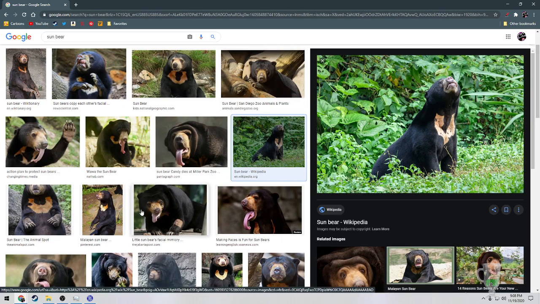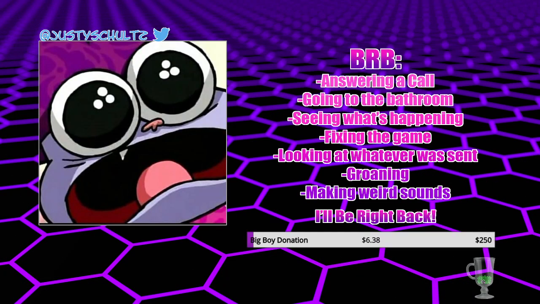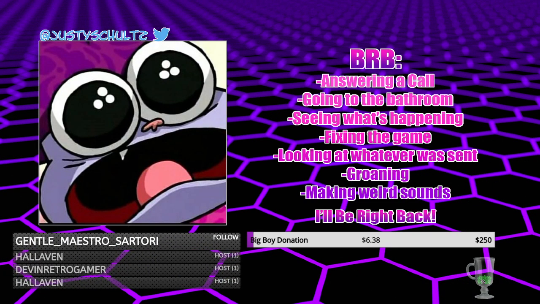Ew, they're so gross. That looks exactly like a dog face put on a chipmunk or something. Oh my god. I thought sun bears were supposed to be cute. They're fugly, dude. Fuggliest bear I've ever seen.